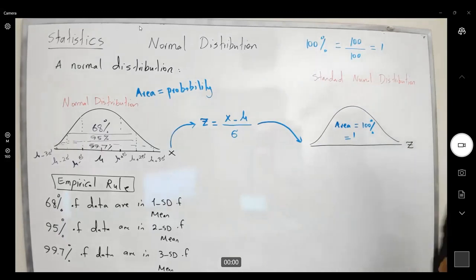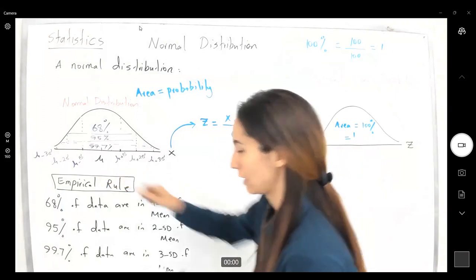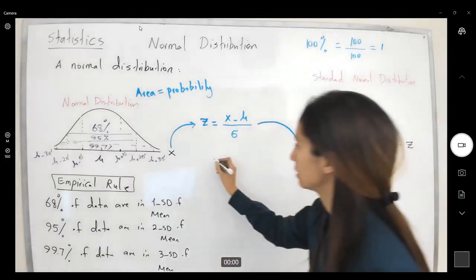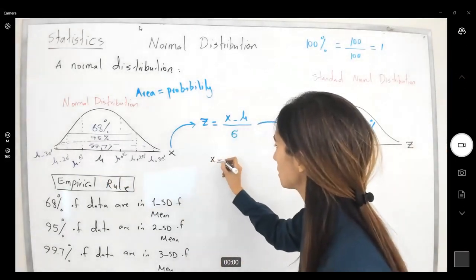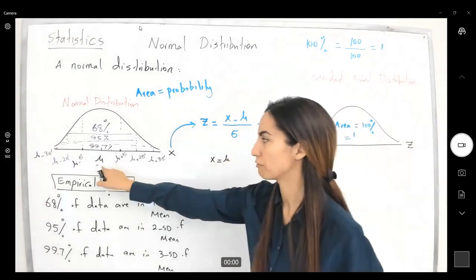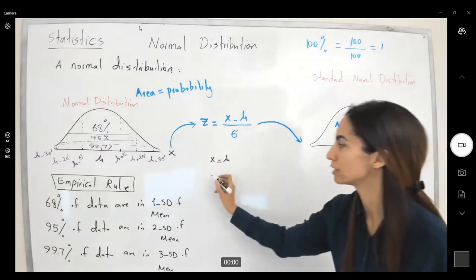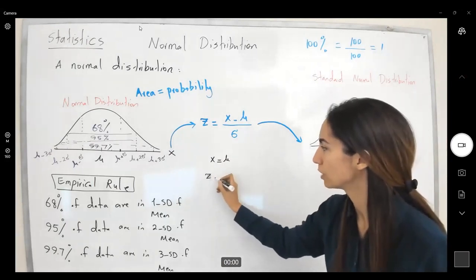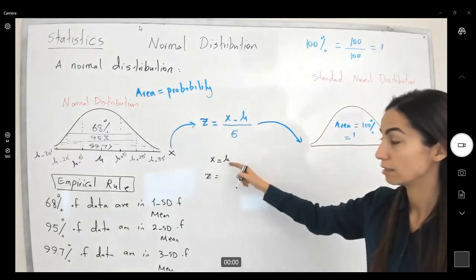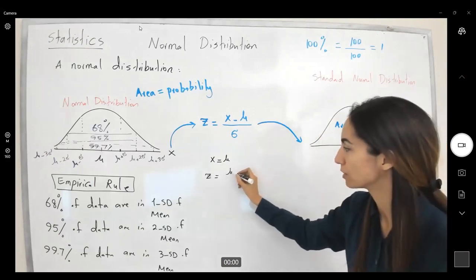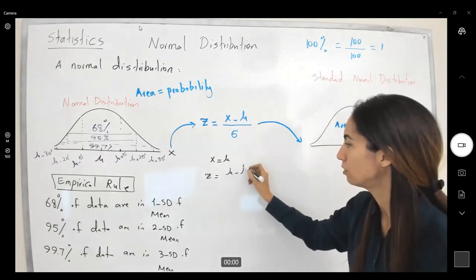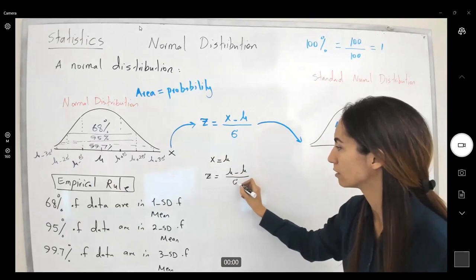Let's start by taking the mean. So my x value is equal to the mean. This is my very first x value. I'm going to plug that into the z. So z becomes mu minus mu divided by the standard deviation.